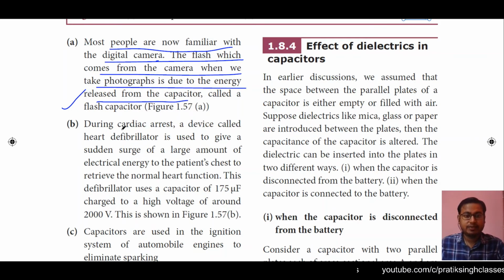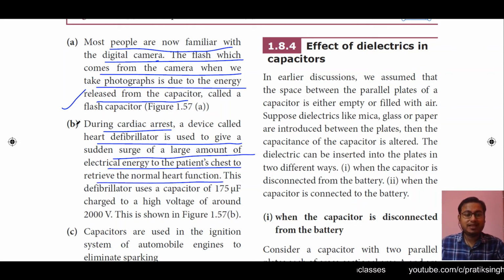Second example: during cardiac arrest, a device called a defibrillator is used to give a sudden surge of a large amount of electrical energy to the patient's chest to retrieve normal heart function. Sometimes a person's heartbeat skips or the heart stops working for some time.